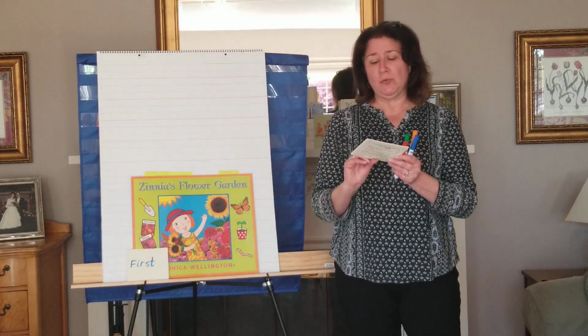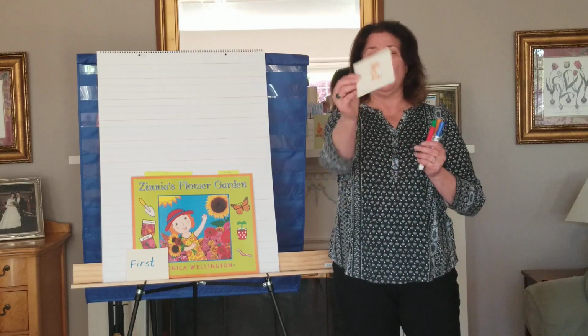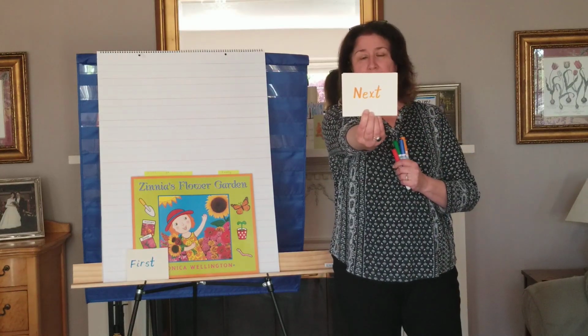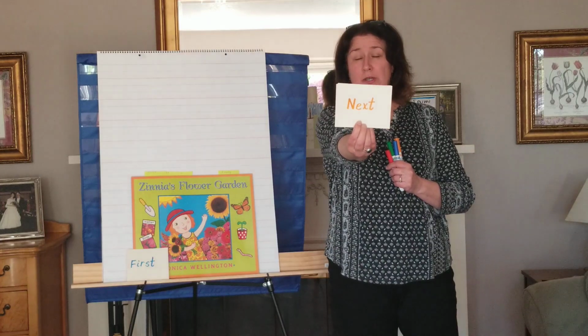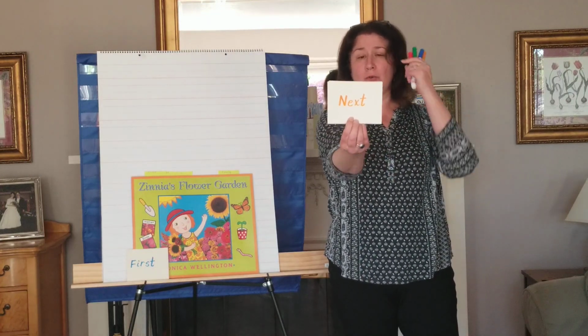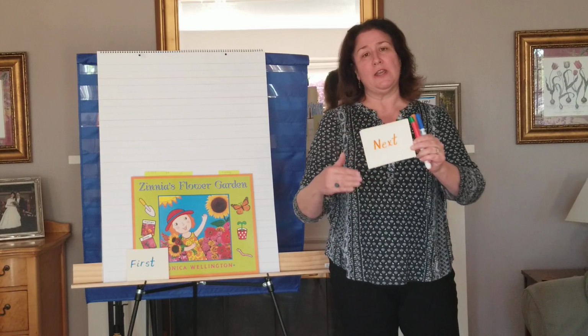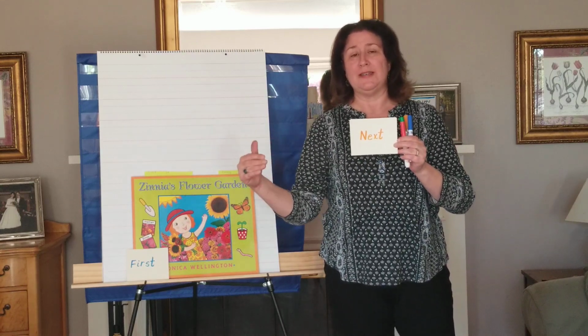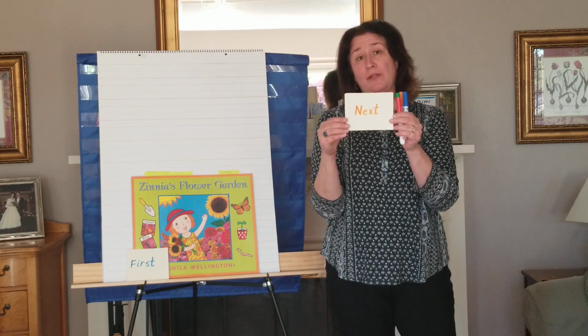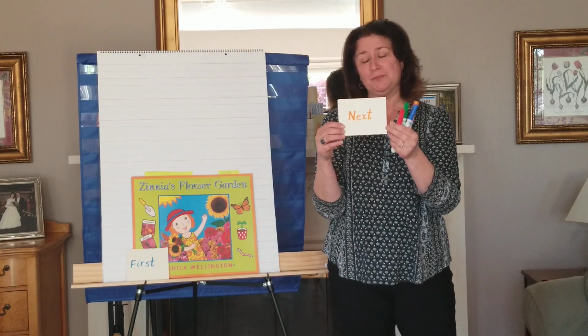The next transition we're going to talk about is the word next. And when you're reading a story and you see this word, it gives you a clue that the author is telling you what's going to happen after. What's the next step that will come about?